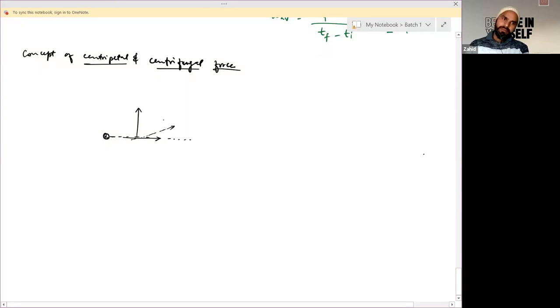If you further apply a perpendicular force to it, its direction will further change. And if force keeps on being applied on this path to change its direction, so on, finally it will start to move along this circular path.